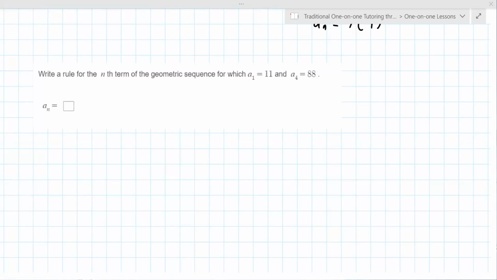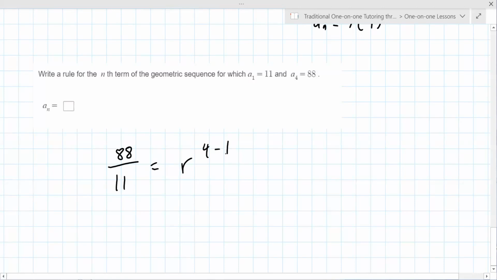So the formula here is you take the later number, 88, divided by the earlier number, 11, equals r, to the power of the later one minus the previous one. So you end up getting 8 equals r cubed.